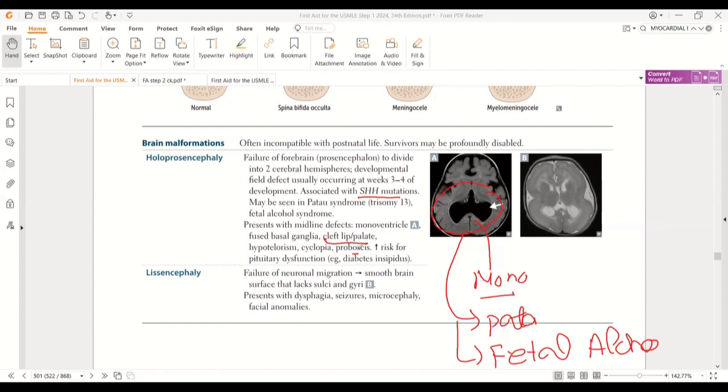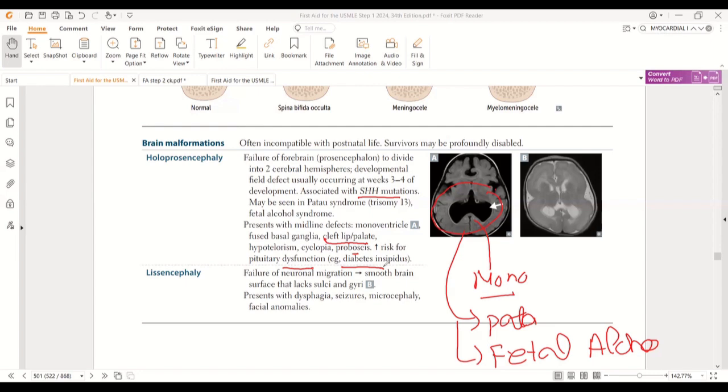In proboscis the nose is not at a normal place. In cyclopia, the two eyes are fused and present at an abnormal location, like at the forehead. So there is increased risk of pituitary dysfunction, like diabetes insipidus, because the prosencephalon is not divided into the two secondary vesicles.